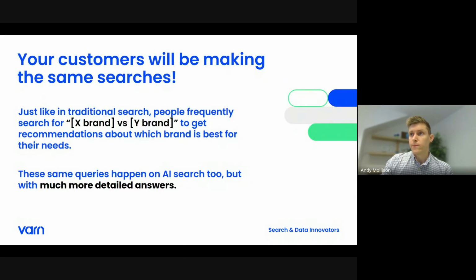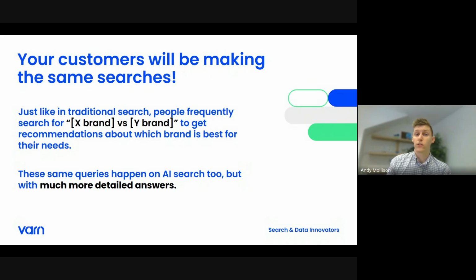So I used that example of what do you think about TUI, what do you think about Jet2? Well, we actually see in traditional SEO that people often search X versus Y, or is X better than Y? You're going to get the same thing in AI search, of course. So try and make those searches as well for your own brands and businesses. What comes up? What are the pros and cons?